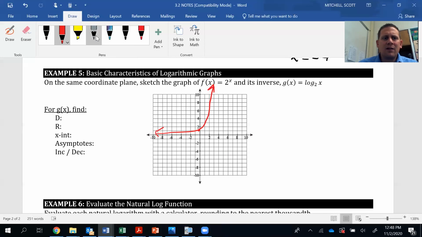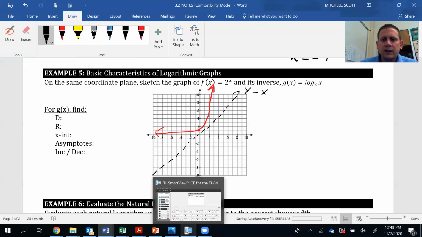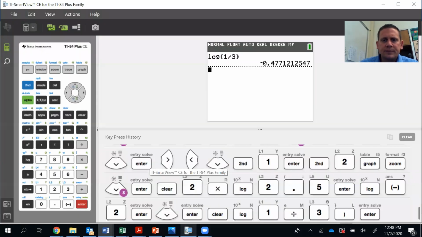So we're going to have a logarithmic function that is an inverse. And if you recall, you find an inverse graphically by reflecting over the line, I know that's not a great line, y equals x. So if you reflect it over the line y equals x, it should come down here. And it does. Let's take a look at what it's going to look like in terms of a graph.